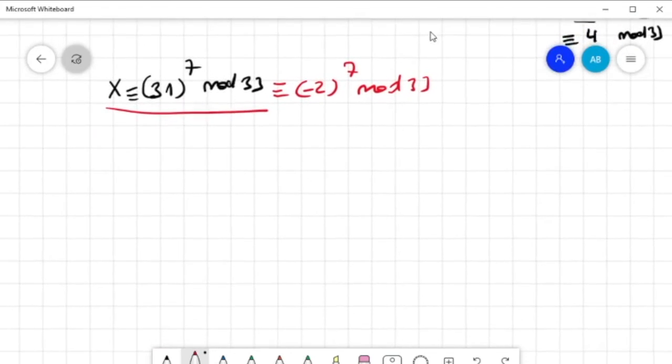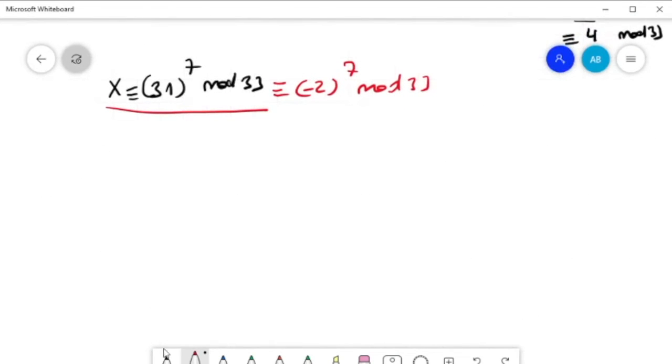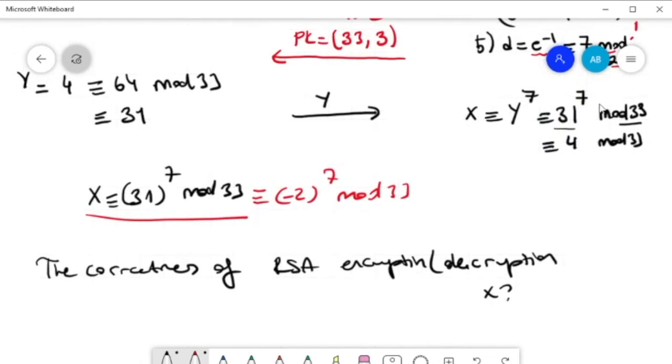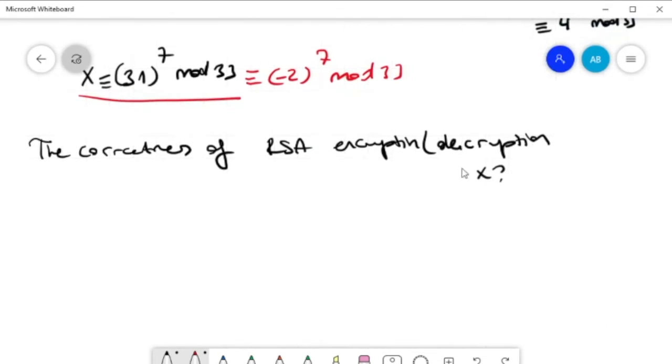So in fact, the correctness of RSA encryption and decryption, how we obtain X through this here, I would not go into that much detail, but it's an exercise for you. It's to learn.